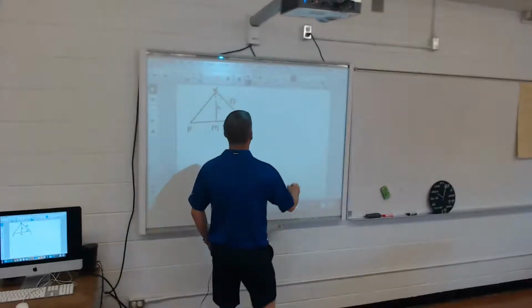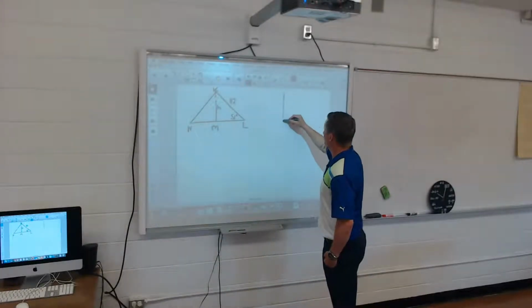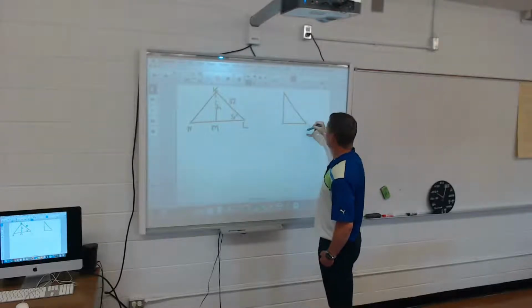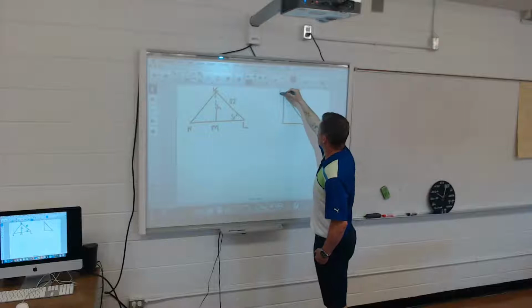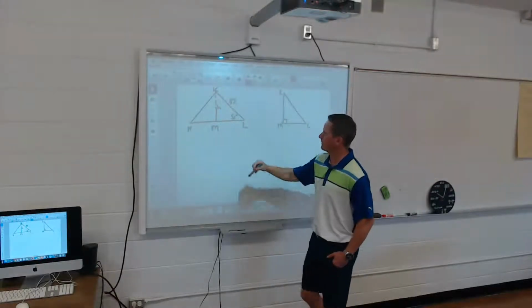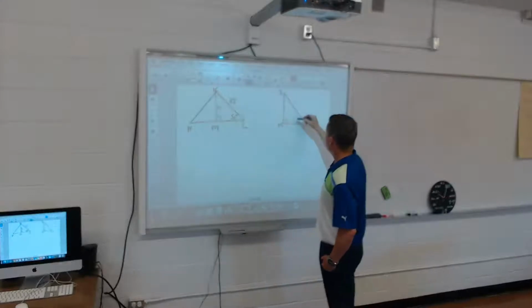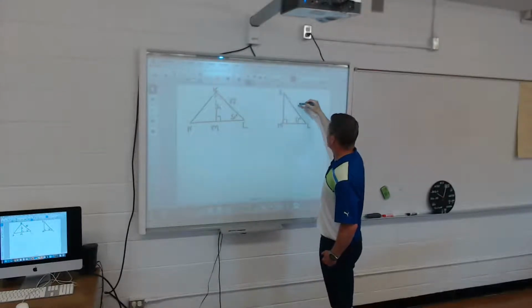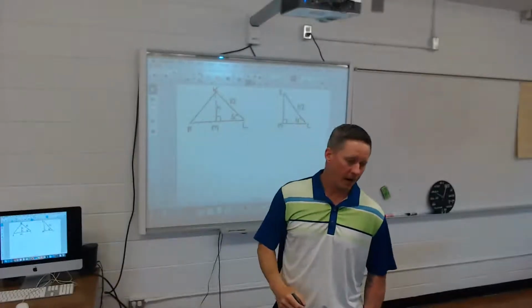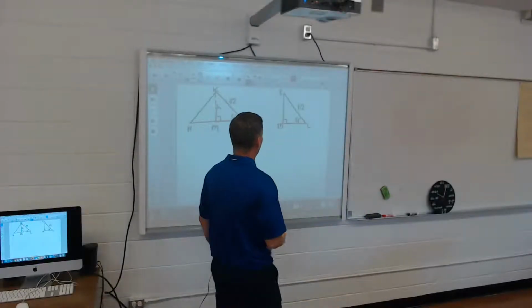Okay, so if I look at this triangle right here, that being a right angle right there. Okay, this is 51 degrees. This is 112. So what I want to do is find out the measure of the other angle.